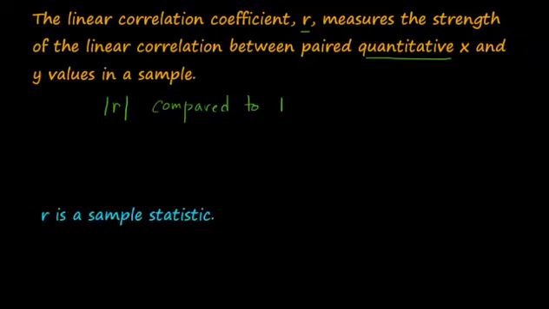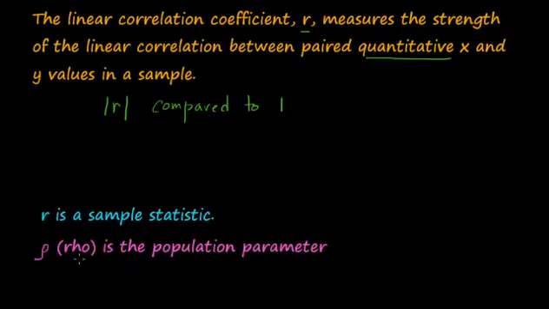Okay, so R is calculated using our sample data, our x, y sample data, so it's a sample statistic. And when we have a sample statistic such as x bar, recall that we have a population parameter, and that is rho. It kind of looks like a funny looking P. It's a Greek letter rho, and this is our population parameter. So recall in the past we said that we can use the sample mean to estimate our population mean, mu.